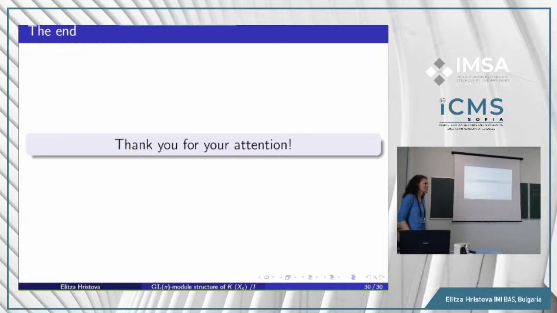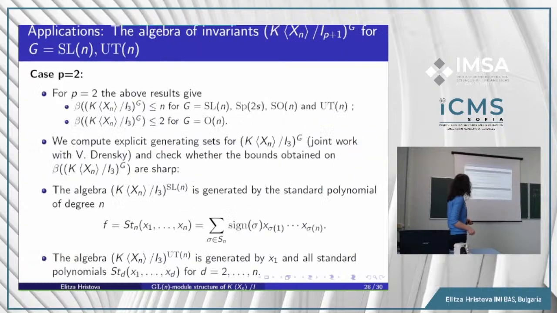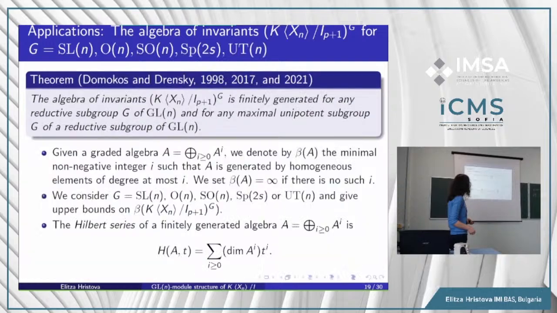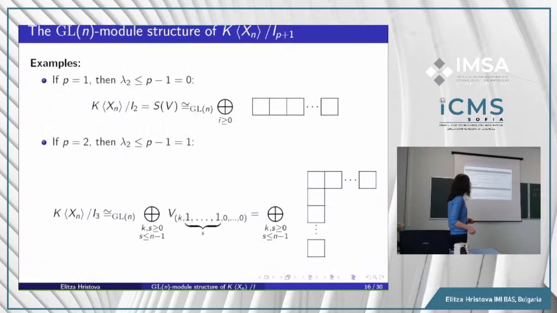So these restrictions you get in the condition, when you have partitions where the number of columns of the Young diagram is bounded by something.